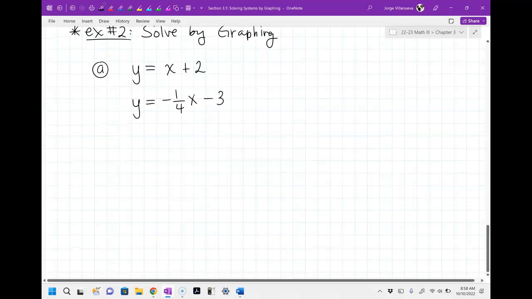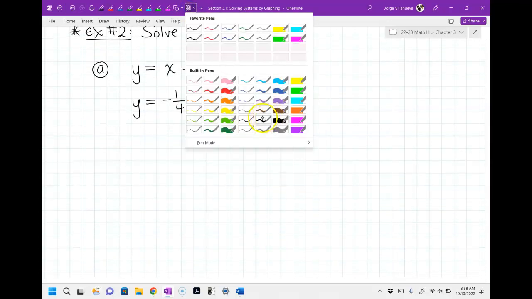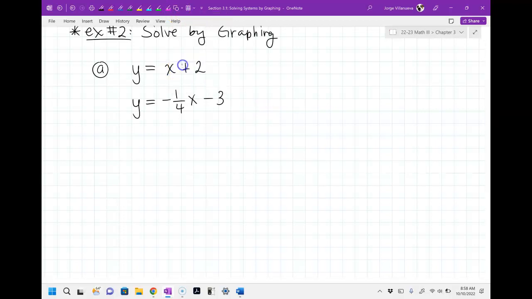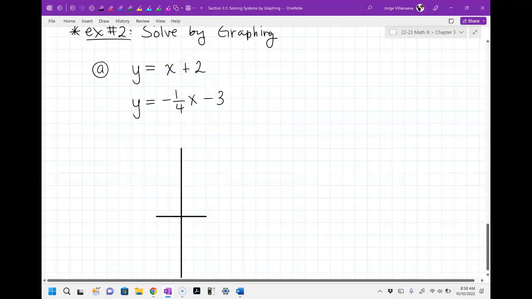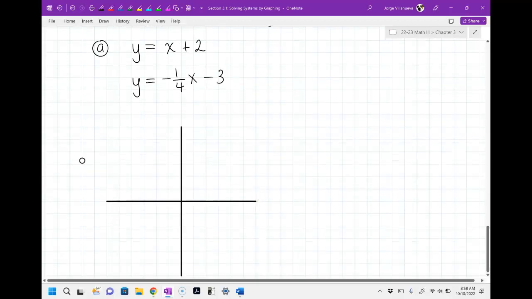Okay? So let me go ahead and create a coordinate plane here. So a nice XY axis. I'm going to make it a little big because I don't know how far I have to stretch for these.